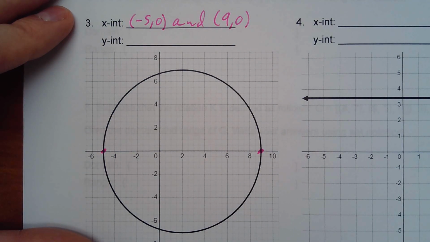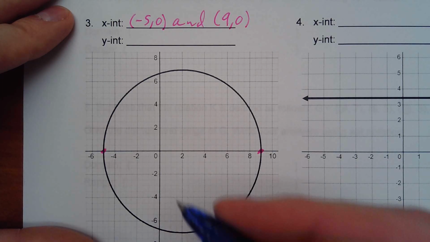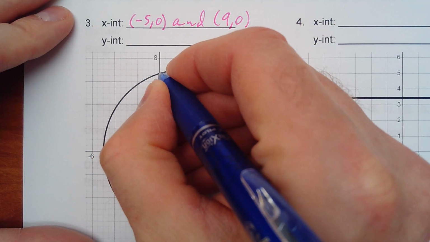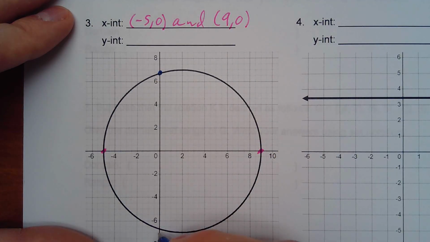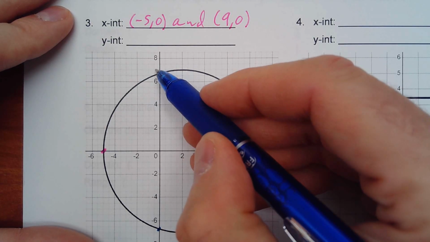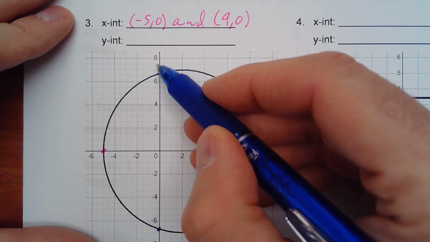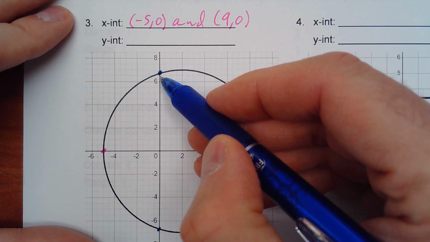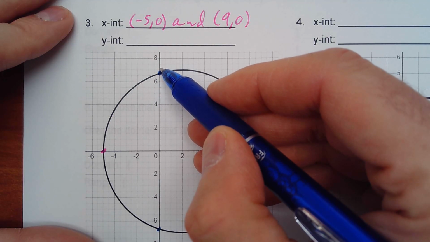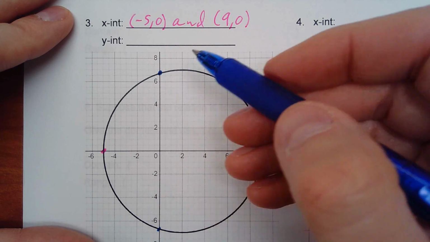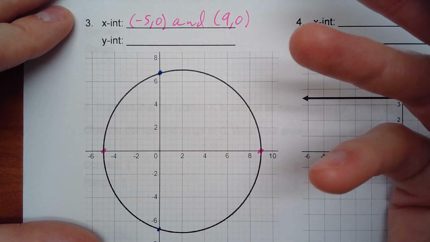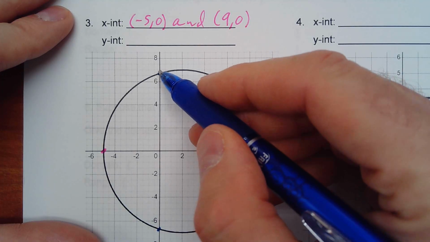Now for my y-intercepts, I'm going to have to estimate them because they don't line up quite nicely on the grid. So you got one here and one here. So this would be 7 here, halfway between 6 and 8. So that's 6.5 and 7. So it looks like it's about halfway between 6.5 and 7.